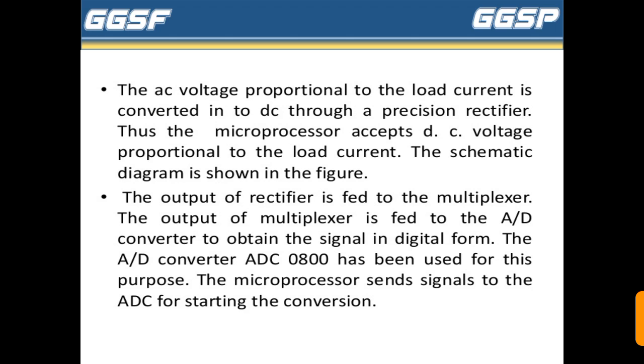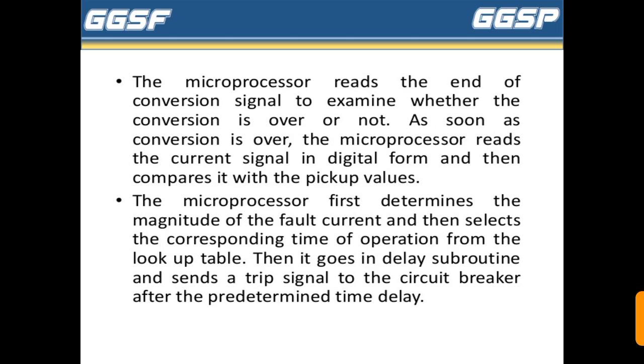The microprocessor sends signals to the ADC for starting the conversion. The microprocessor reads the end of conversion signal to examine whether the conversion is over or not. As soon as conversion is over, the microprocessor reads the current signal in digital form and then compares it with the pickup values.